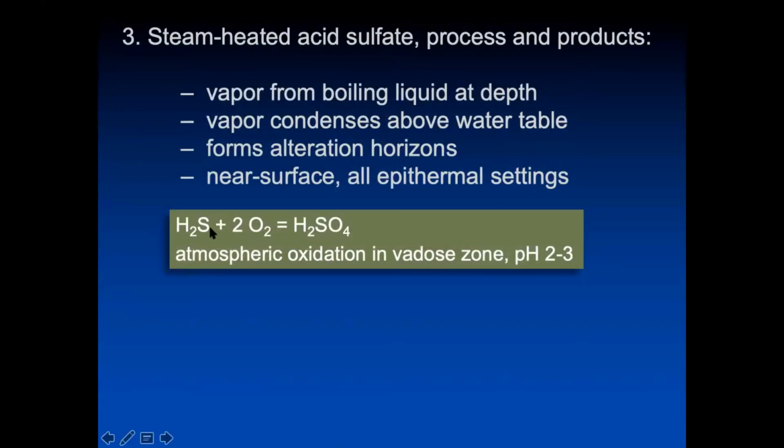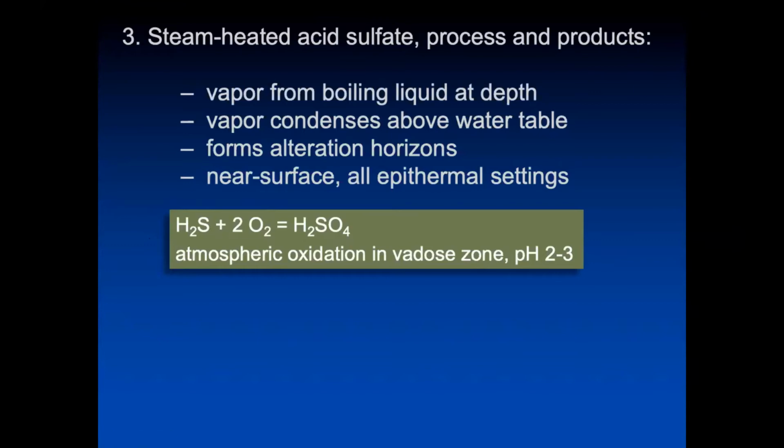This is the process. H2S that is lost from the deep liquid that's boiling is brought to the surface by vapor, 100-degree vapor. The atmospheric oxygen oxidizes the H2S to sulfuric acid in the vapor zone, or the unsaturated zone above the groundwater table.